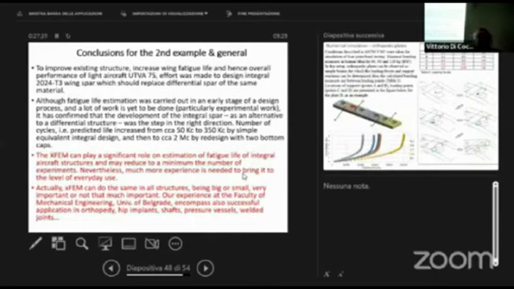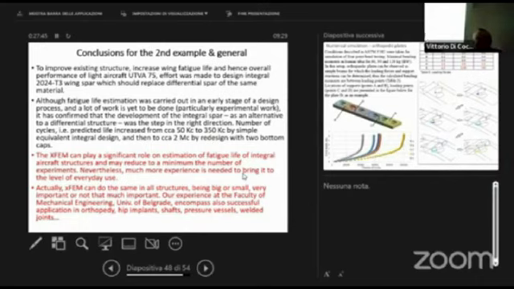So we already discussed what is written in black, but more generally, we can definitely conclude that XFEM plays a significant role in estimating the fatigue life of integral structures, and not only that, but all kinds of structures.